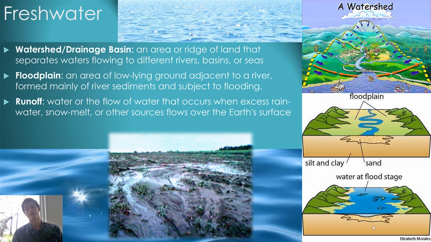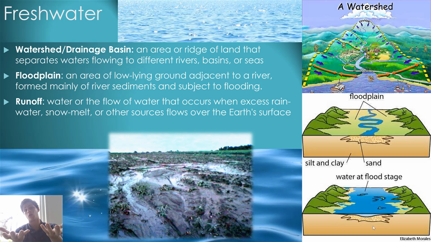A floodplain is an area of low-lying or adjacent ground to a river. So it is an area which has exposed river sediments, and it's basically the upper boundary of where a river can flood to. You can almost think of this as a tide plain for a river. When the river is seeing a lot of heavy rainfall, the waters will naturally rise up to the upper regions of that floodplain, which is called the flood stage.